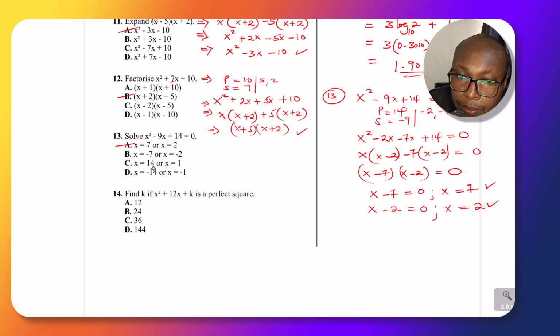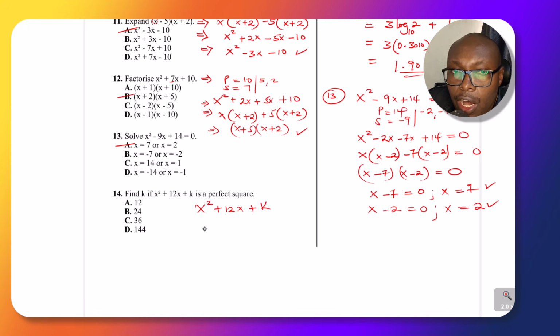Question 14. Find k if x squared plus 12x plus k is a perfect square. So if this is a perfect square, then for us to get the constant term, there is a formula that we use. I'm going to show you.